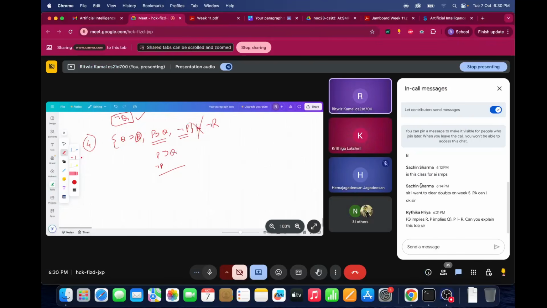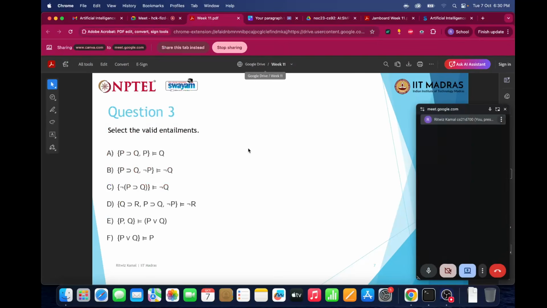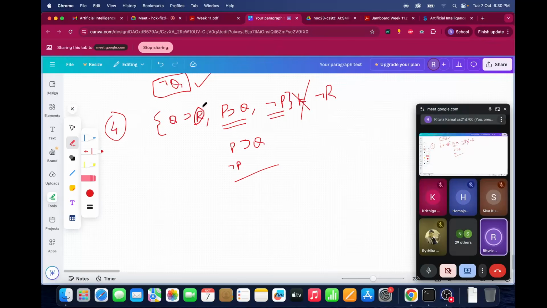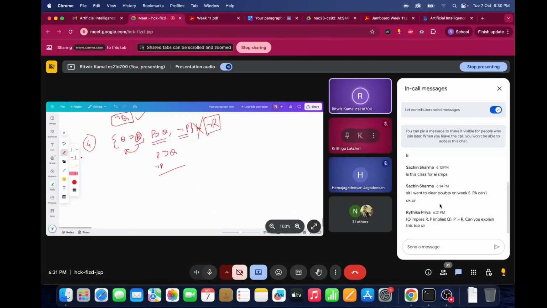Yes. Okay, so we cannot make a deduction about the truth value of Q. Because we cannot make a deduction about the truth value of Q, we also cannot make a deduction about the truth value of R, because R is dependent on Q in this knowledge base. So we cannot say that not of R is necessarily true given this knowledge base. Does that answer your query?